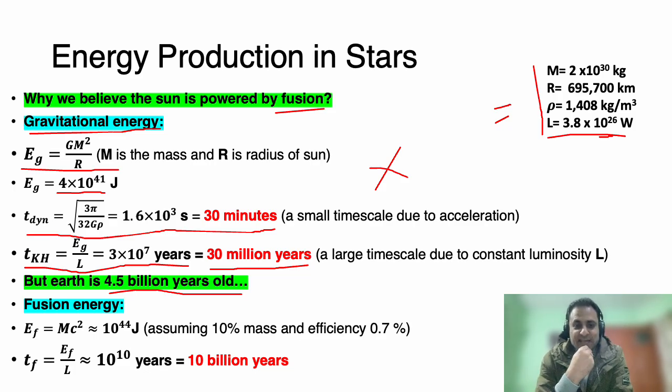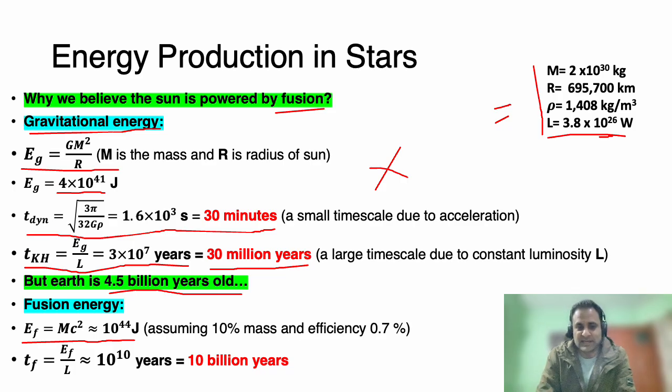So now the alternate scenario is fusion, that the energy produced or the light coming from the sun is produced by fusion, not by converting the gravitational energy. Most of you know Einstein's famous equation E is equal to mc square, so that mass and energy are equivalent and they can be converted into one another.